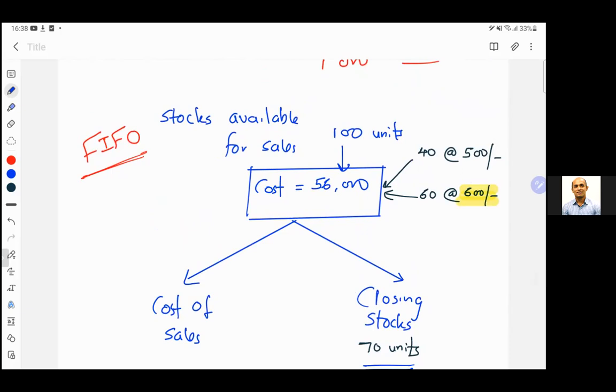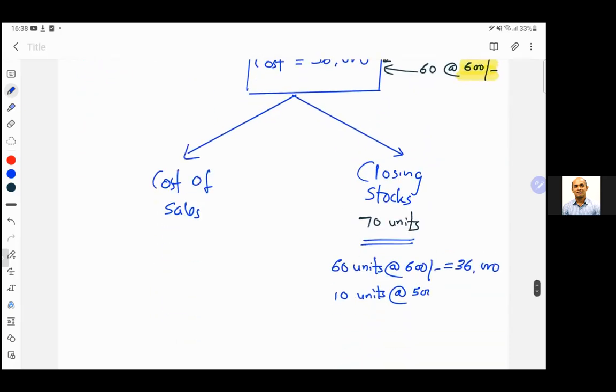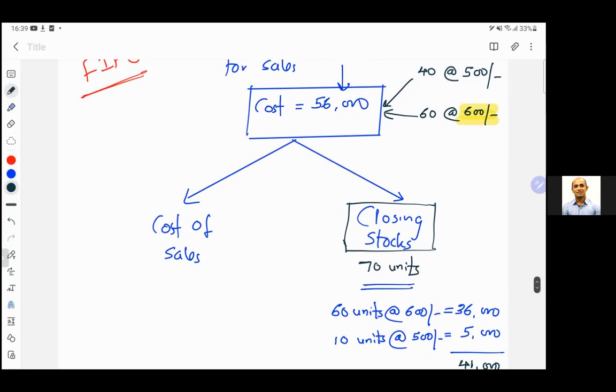Previous price is 500, so 5,000. Then closing stock value is 41,000. Out of 56,000, closing stock value is 41,000.